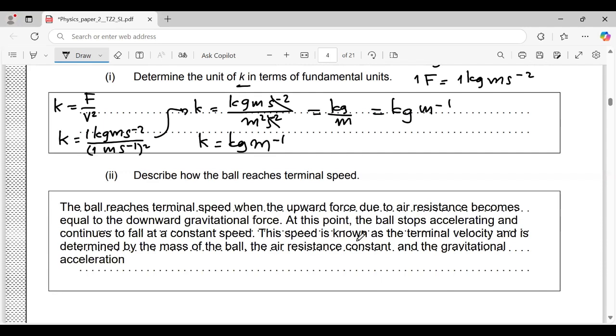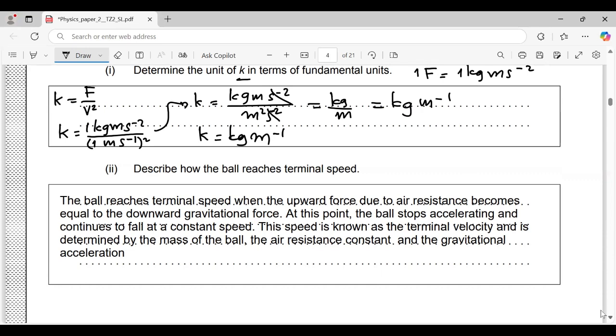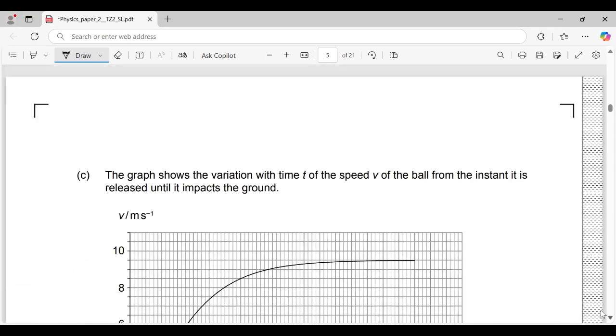This speed is known as the terminal velocity, and it is determined by the mass of the ball, the air resistance constant, and the gravitational acceleration. You may add your own words as your opinion for this explanation.